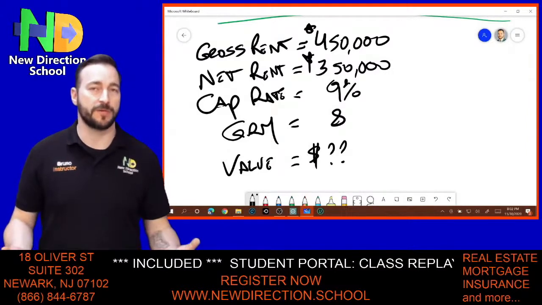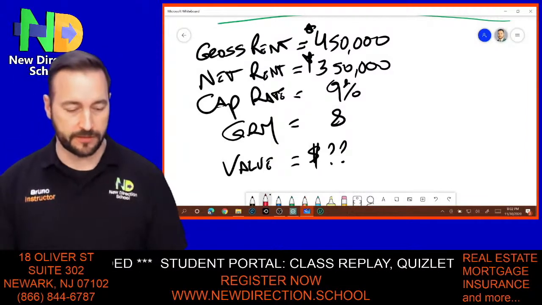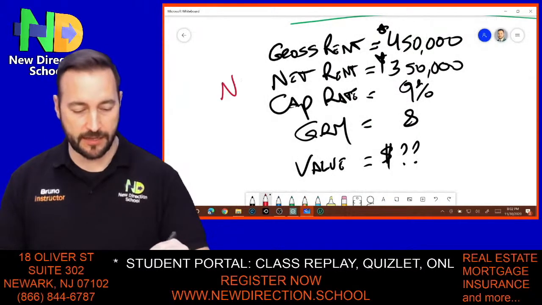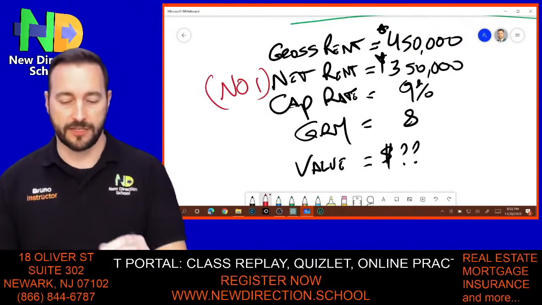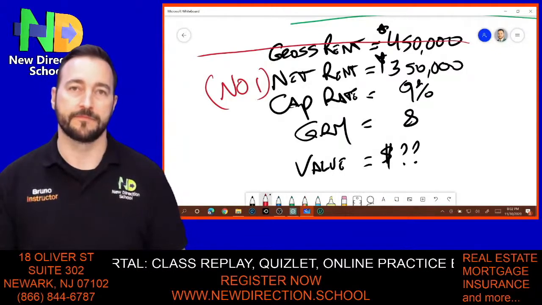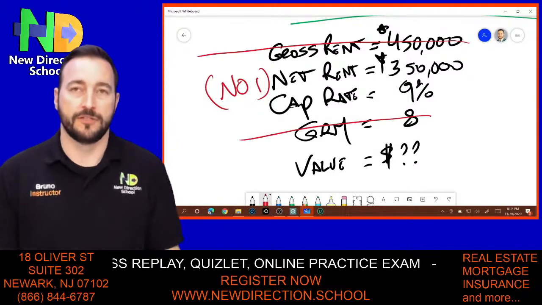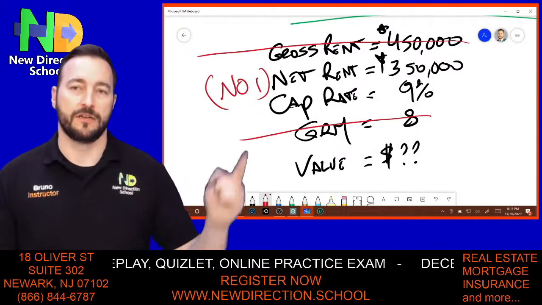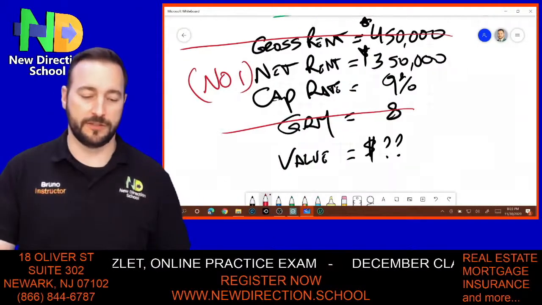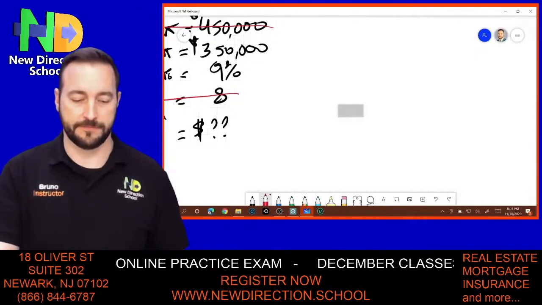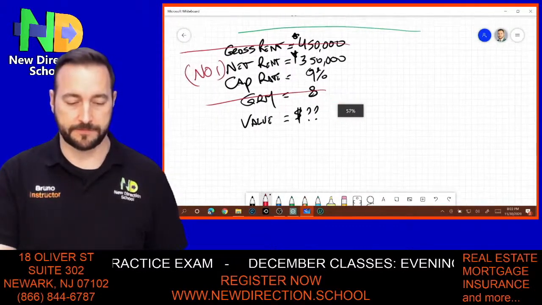One of the things you got to remember is that the number you need is the NOI for the cap rate. So that means this number is not needed. If we're doing based on the cap rate, then GRM is not needed. We got 2 numbers. We just put it into the steering wheel. Simple. Right? All right. So by now, you guys should know how to do this.